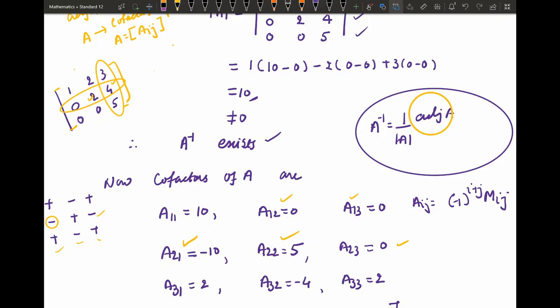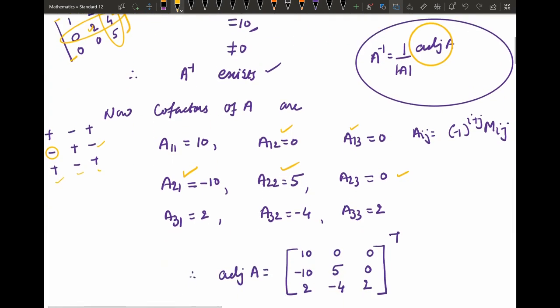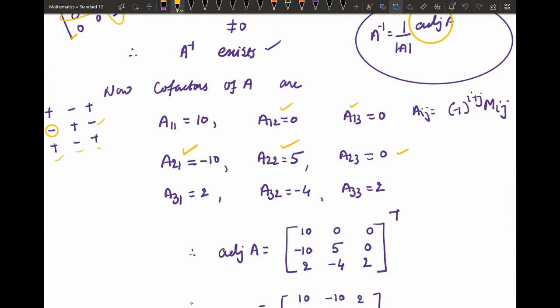So we know how to find adjoint A. For that purpose we have evaluated the cofactor of each entry using the formula minus 1 raised to i plus j into Mij. So A31 is 2, A32 is minus 4, A33 is 2.